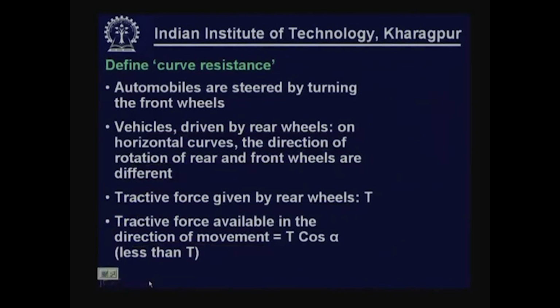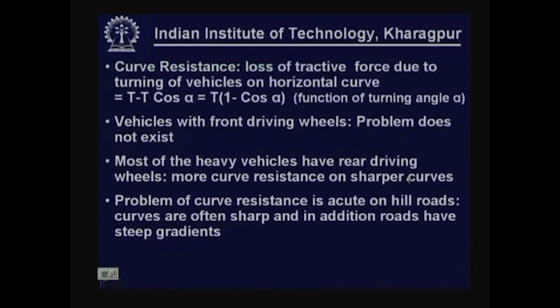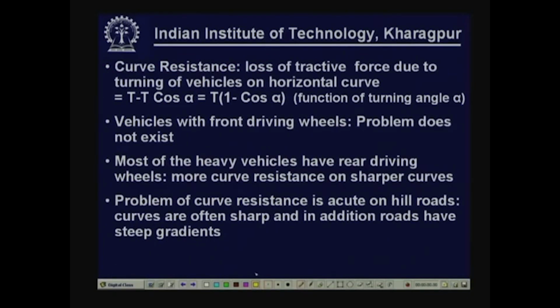Because of this curve, there is a loss of tractive force. That amount is T minus T cos alpha, or T into (1 minus cos alpha), which is a function of the turning angle alpha.